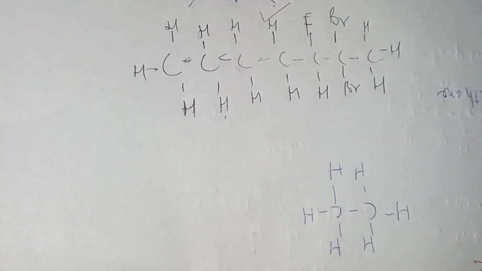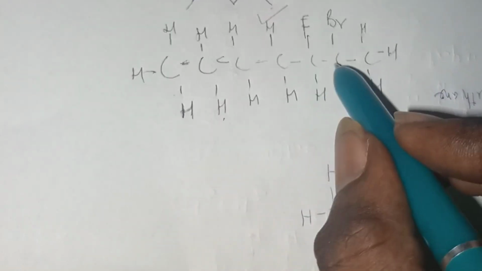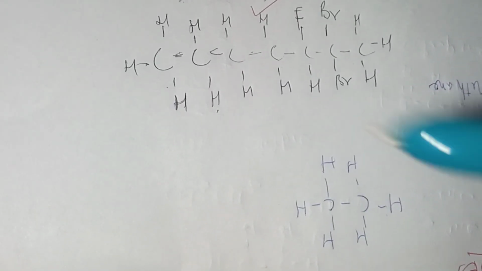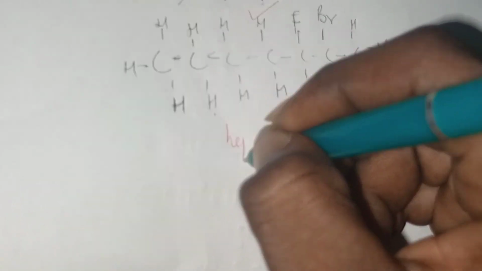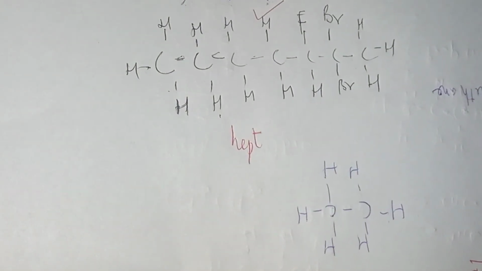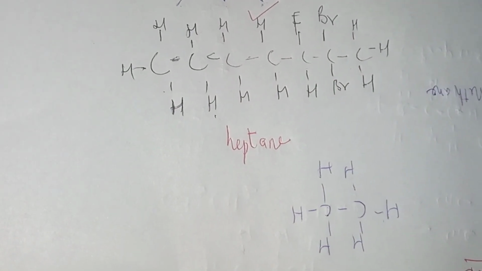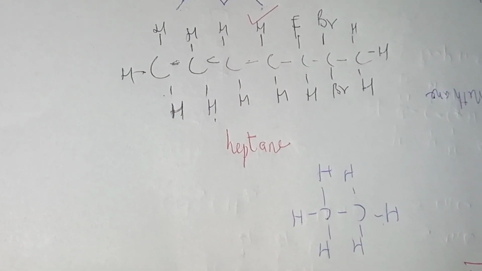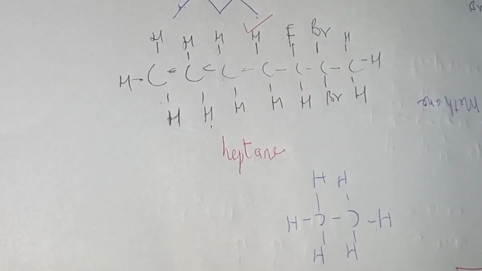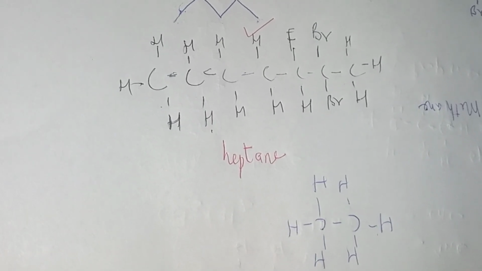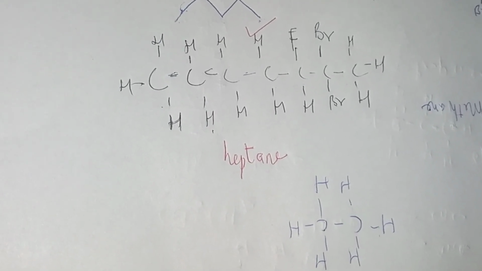So now remember that we have to count the longest continuous chain. So 1, 2, 3, 4, 5, 6, 7. So this is simply hept-, right? There is the presence of single bond in all of them, so that's heptane because it's an alkane. And now we are left with numbering the substituent groups. So we choose the shortest route to make everything more simple.